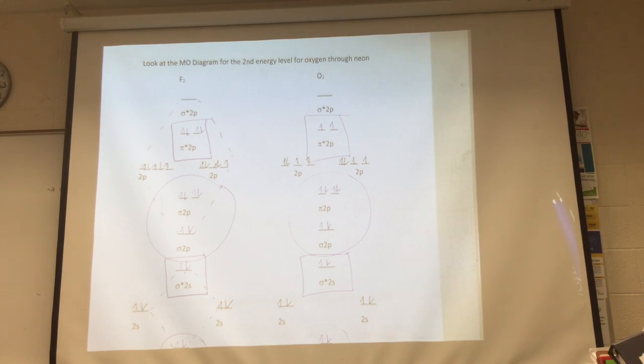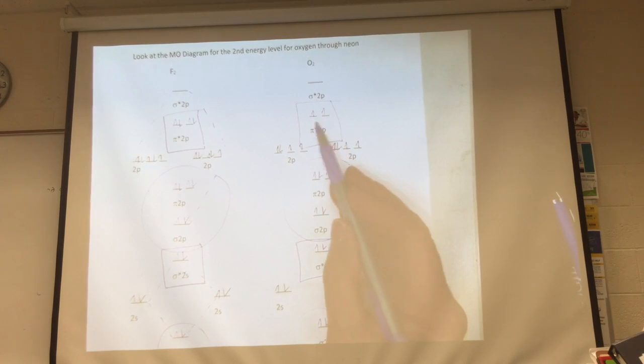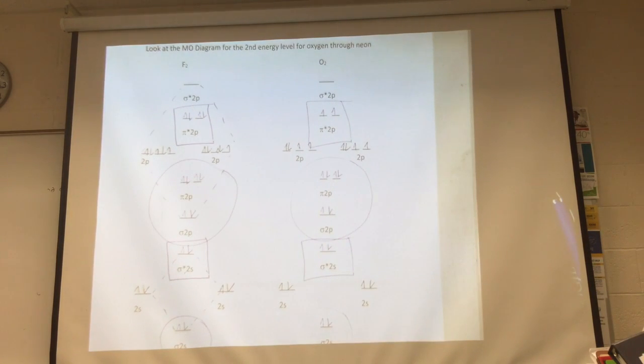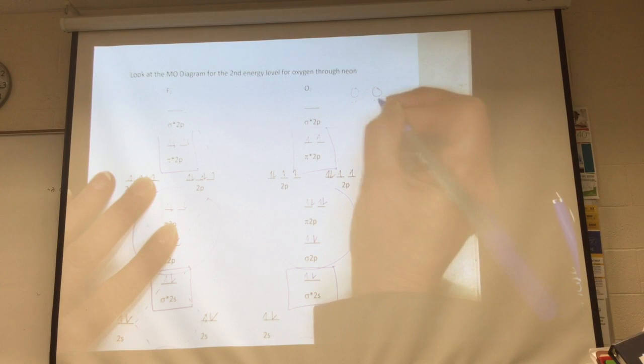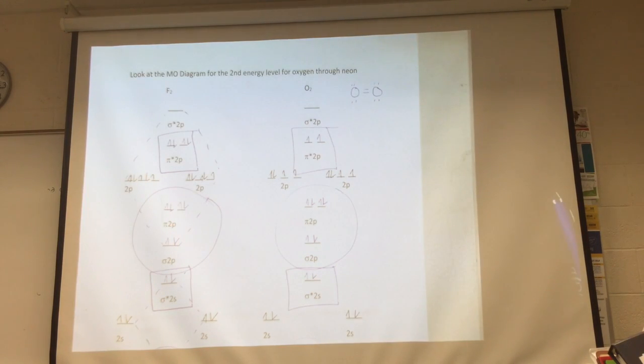When you look at this, here are 2 unpaired electrons. Molecular orbital theory is the only theory that explains the paramagnetic behavior of oxygen. When we draw the Lewis structure for oxygen, 2, 4, 6, 8, 10, 12, there's no unpaired electrons in there.